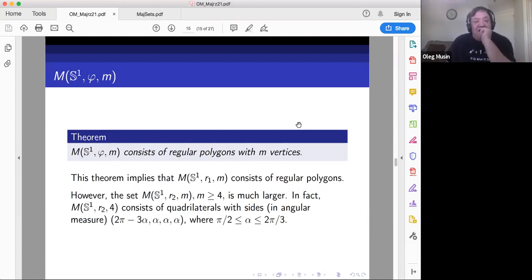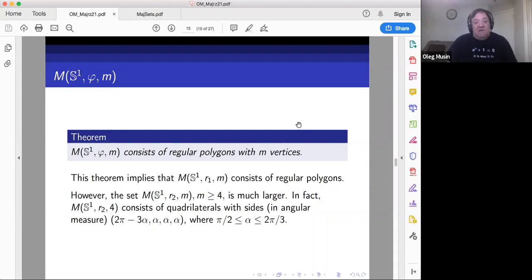First of all, let us consider the classic case, namely, the unit circle, and we can discuss the M set for rho, where rho is the angular distance.